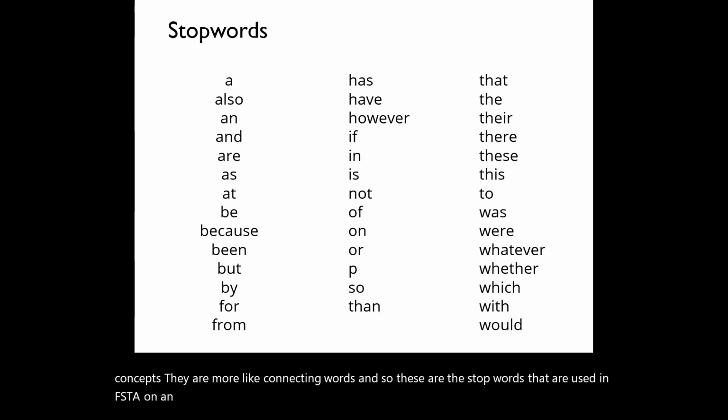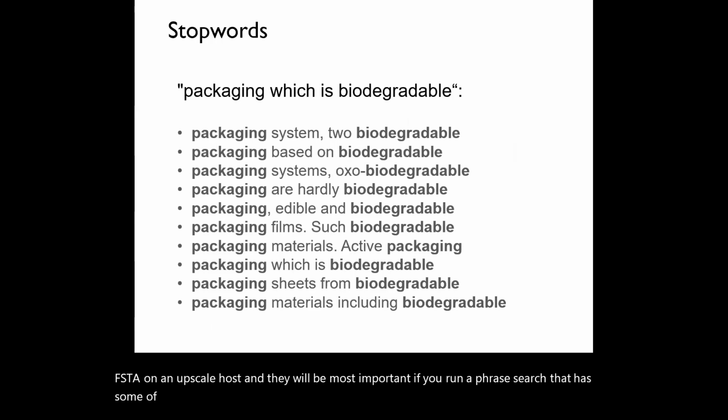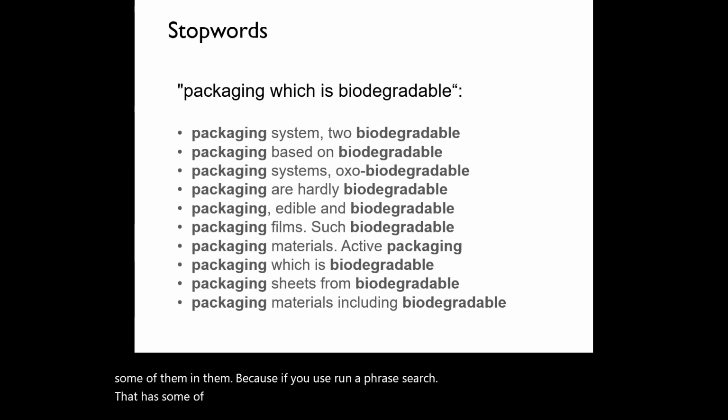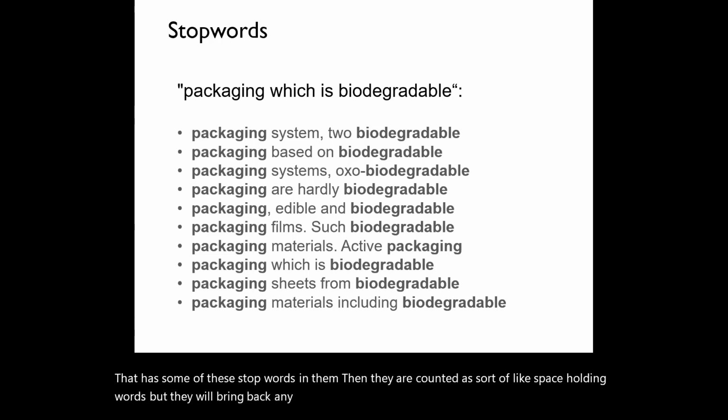And these are the stop words that are used in FSTA on EBSCOhost. They will be most important if you run a phrase search that has some of them in it. Because if you run a phrase search that has some of these stop words in it, they are counted as sort of space-holding words, but they will bring back any word. So they won't necessarily bring back the words that you typed.